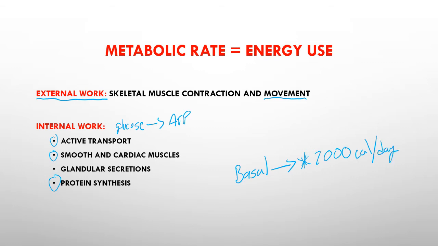Meaning that for the average person, we're talking about a 150-pound male person, needs roughly 2,000 calories per day, basically just to meet most of these internal processes.